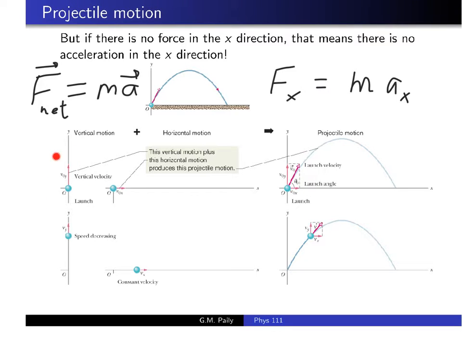Initially it was very large and pointing upward, and now it is somewhat smaller and pointing upward. As that happens, look at what happens to the overall velocity vector. The x component has stayed the same, but the y component is smaller, and so the overall speed is now smaller. This velocity vector is smaller than this initial velocity vector.